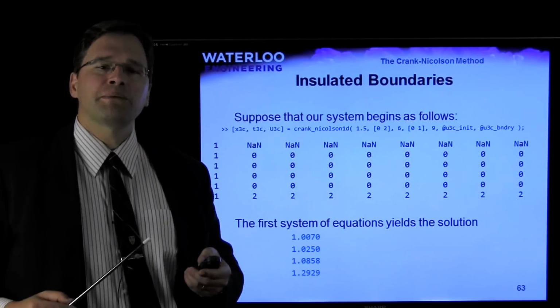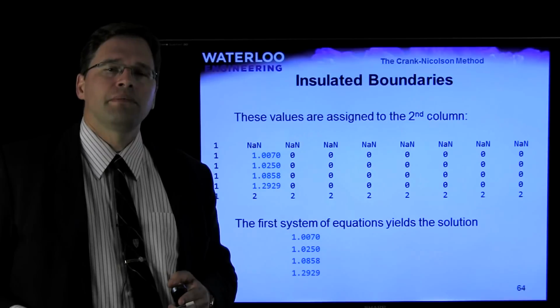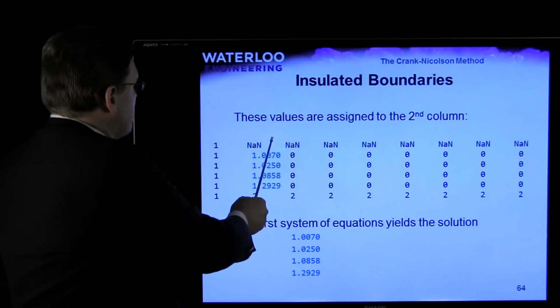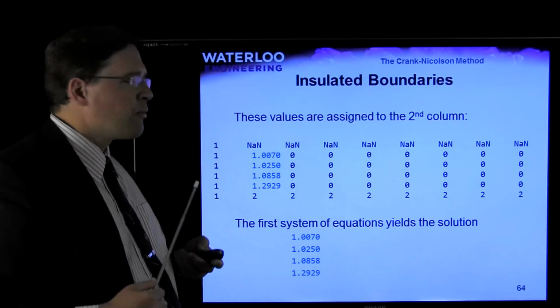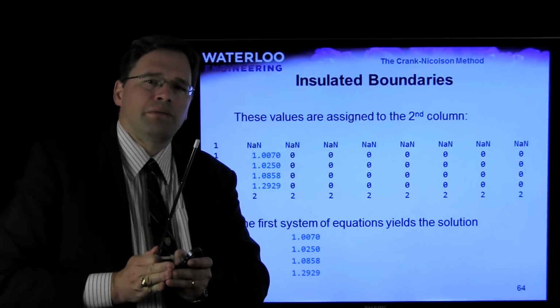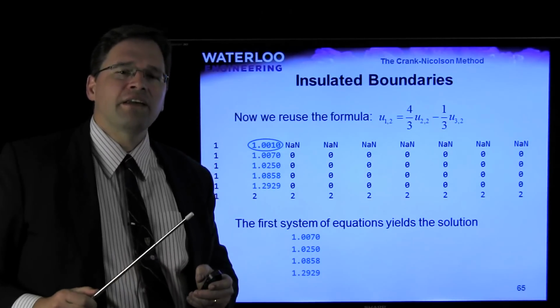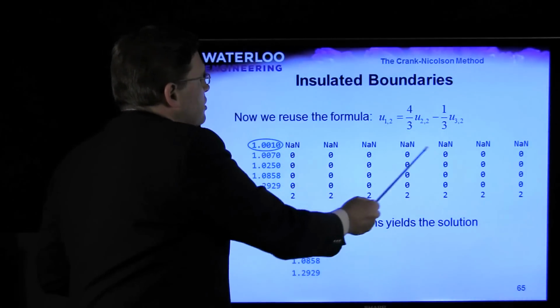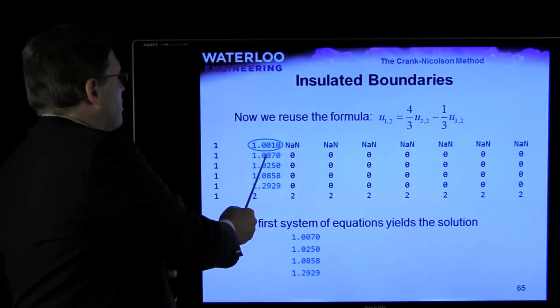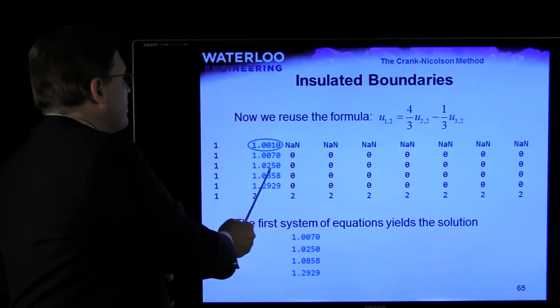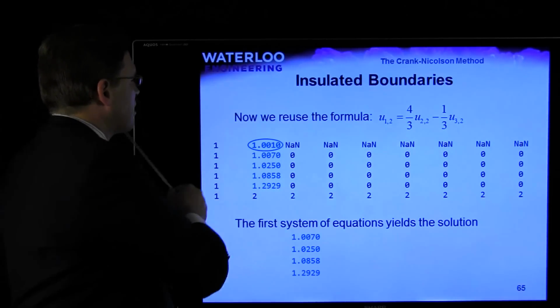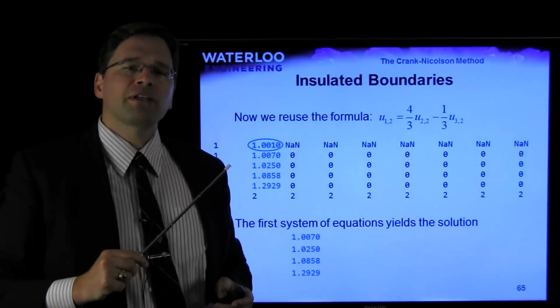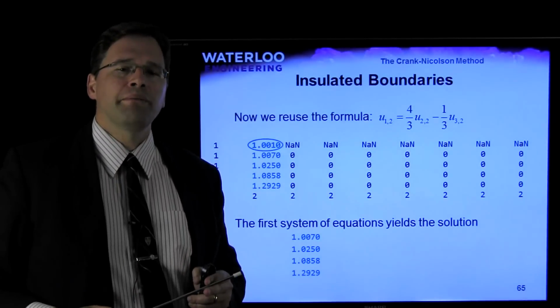Those 4 values would be substituted into the matrix. Now we still have this interesting boundary condition. Well, right at that boundary, we can calculate the temperature again by just using the approximation we used. 4/3 times this value minus 1/3 this value gives us our approximation right at the boundary.